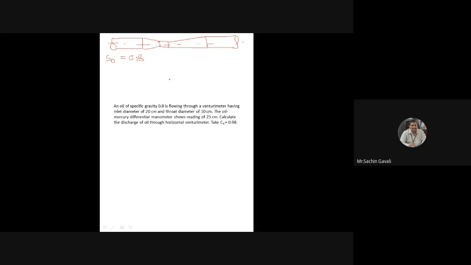Okay. Then the inlet diameter. The diameter of the throat pipe and this venturimeter is the same. So the inlet diameter we can call D1. And this D1 is equal to how much? So D1 is equal to here, anybody? 20 centimeters.